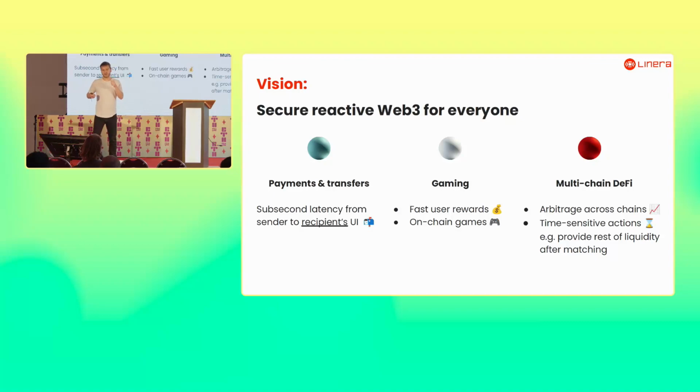Now in the world of gaming, for instance, if you had a system with very quick notifications, you would be able to deliver user rewards very quickly. From the point of view of a gamer, it's nice: you're interacting with the game, you get the rewards, they are final, they are on-chain, and you can see that you have them already. It's a nice thing to have, right?